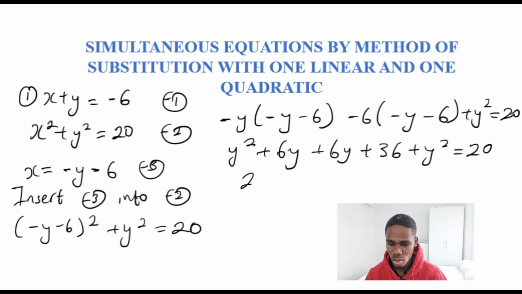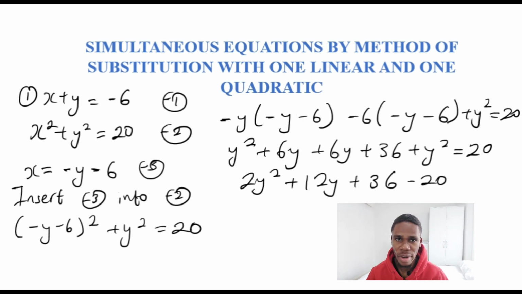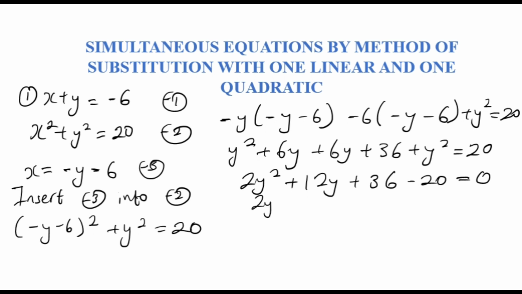We have 2y squared plus 12y plus 36 minus 20, because we are trying to solve for the value of y, equals 0. 2y squared plus 12y, 36 minus 20 is 16, so plus 16 equals 0.